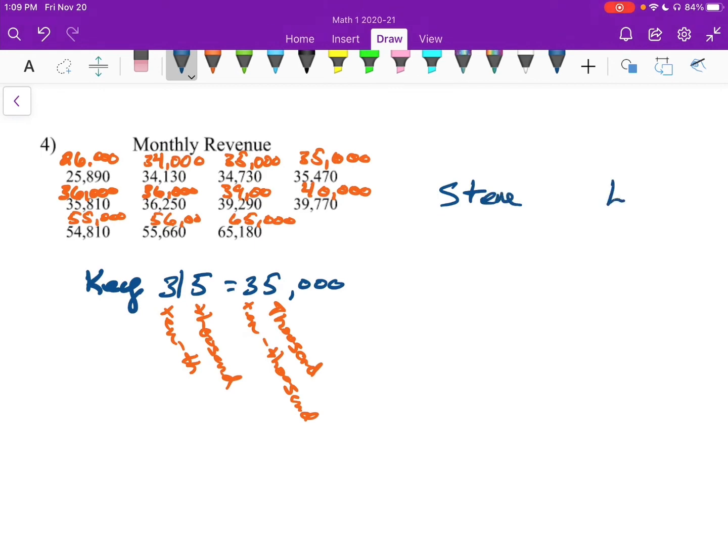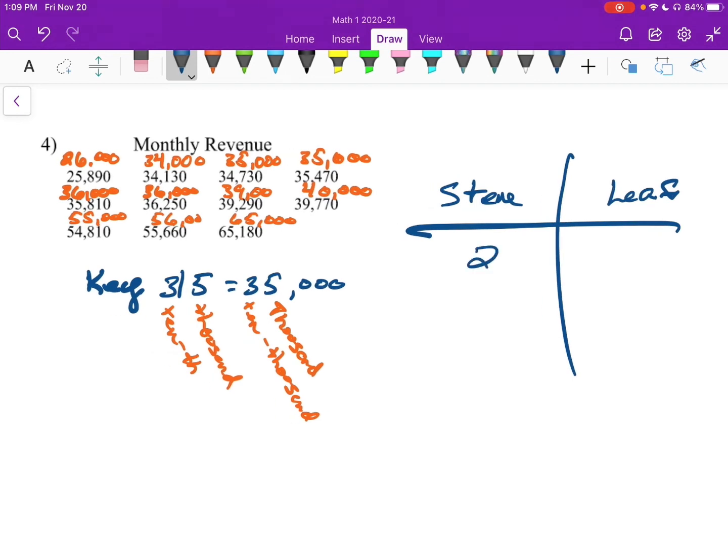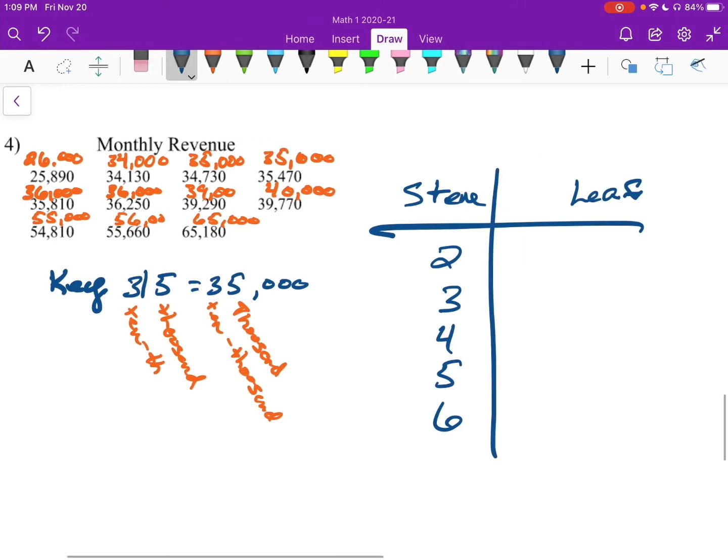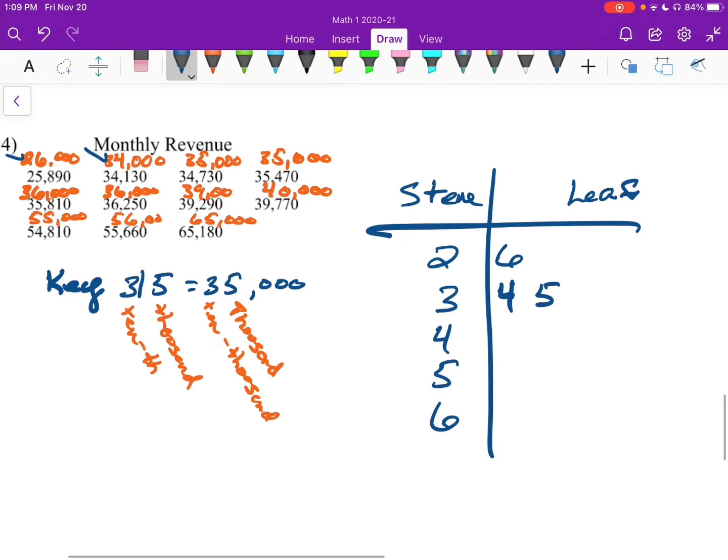The stem and leaf goes just like that. The stems are the 10,000s. My smallest 10,000 is 2, and I'm going to work my way all the way up to 65,000, so 6. 2, 3, 4, 5, 6. I'm going to draw this a little bit nicer here. All right. 26,000 has a 6 in the thousands place. 34 will have a 4 here. 35 will go next to it.